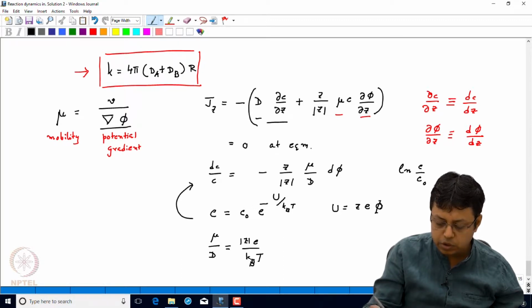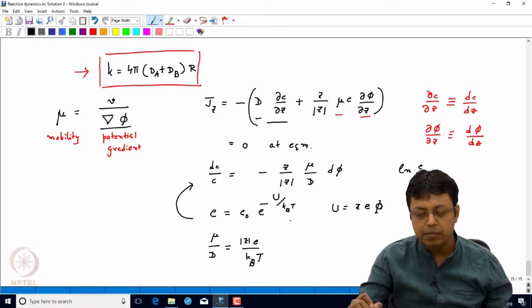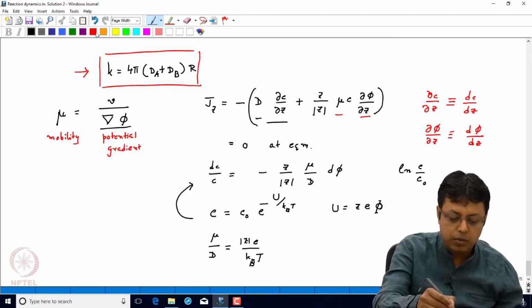Now you can show it very easily. The way you show it is that you write C is C0 e to the power minus Ze phi by kBT, and then basically you can take the derivative, ln C by C0, and then just equate it. So what you will get is dc by C, and then you just equate left hand with right hand, then you can easily figure out this equation.